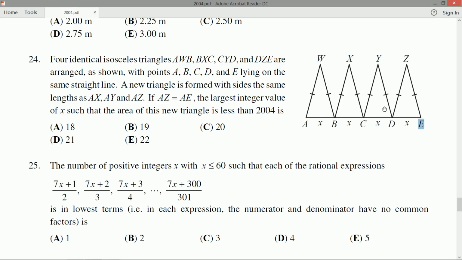That might be useful. We want the largest integer value of x such that the area of this new triangle is less than 2004. So ultimately I think what we need is an equation in x for the area of this new triangle.